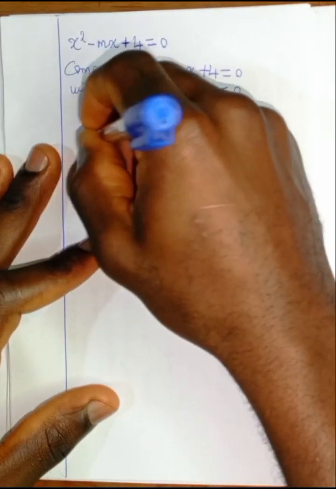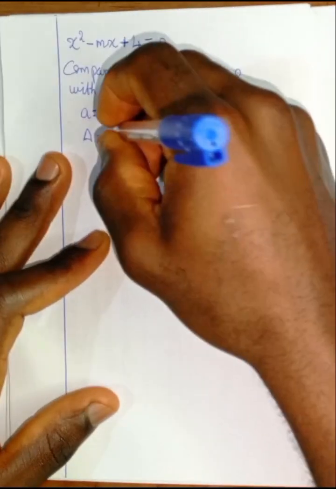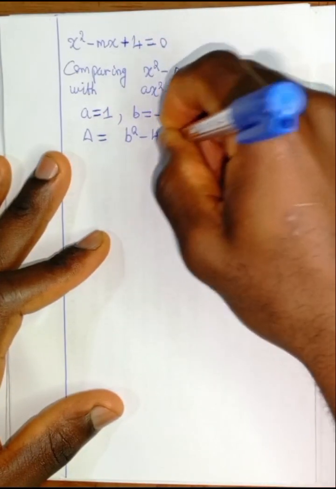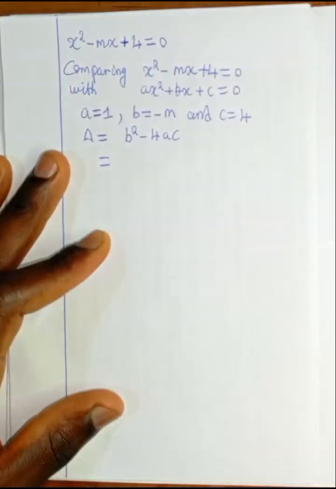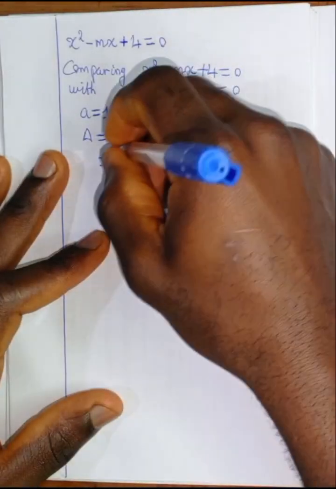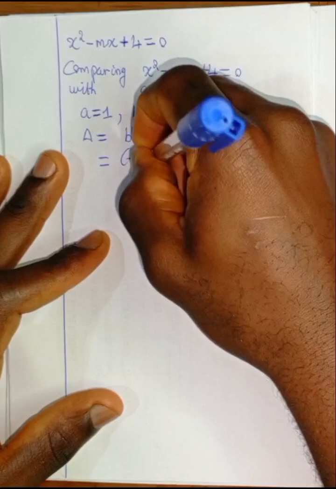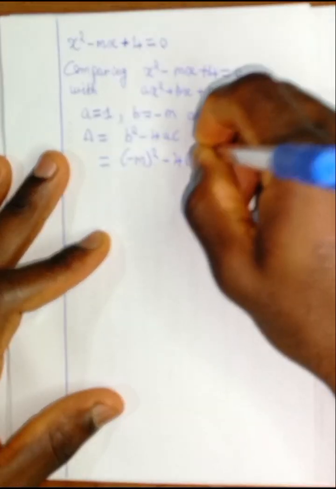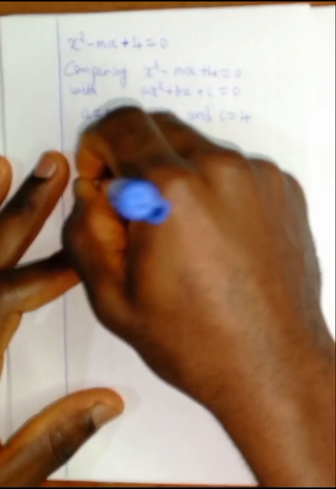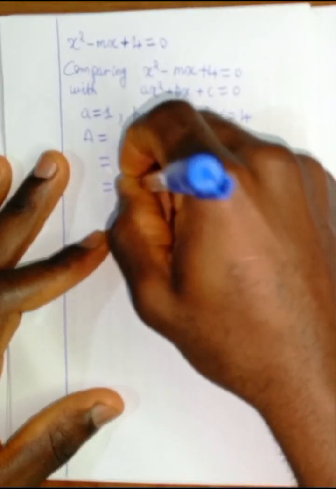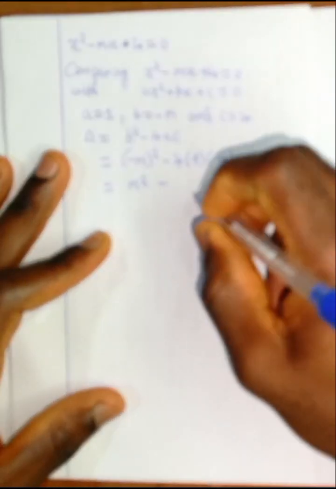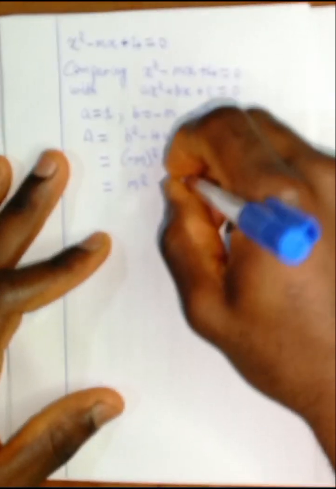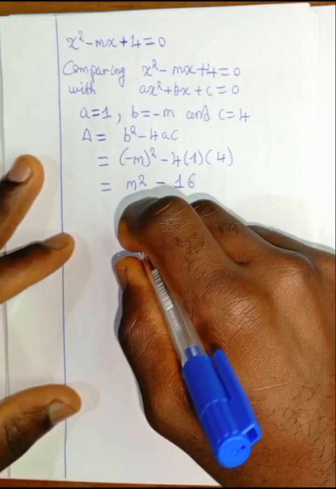So we are going to insert them in our formula, which is b squared minus 4ac, and this will give us negative m squared minus 4 times a, which is 1, times c, which is 4. So this will give us m squared minus 4 times 1 remains 4, 4 times 4 gives us 16.